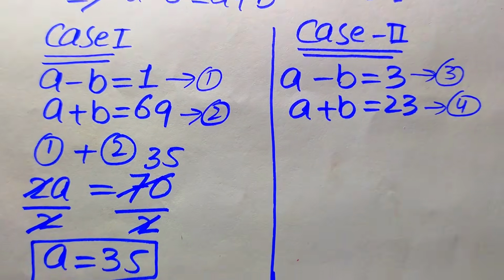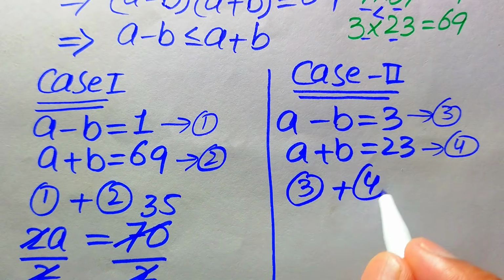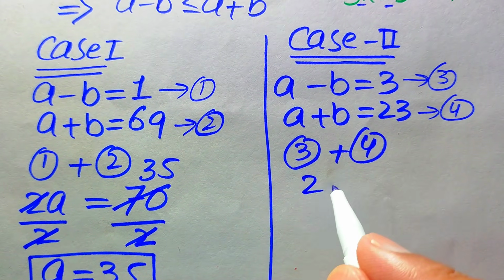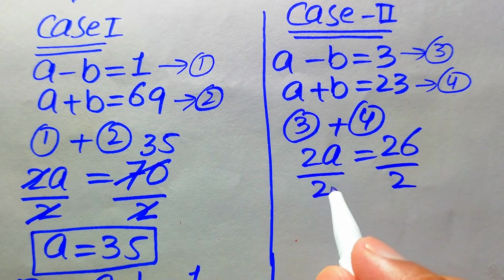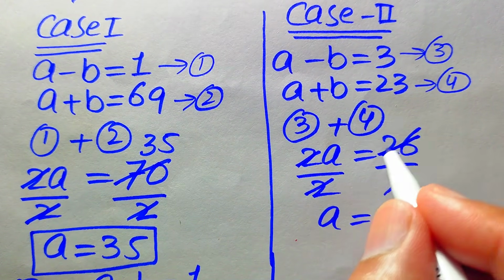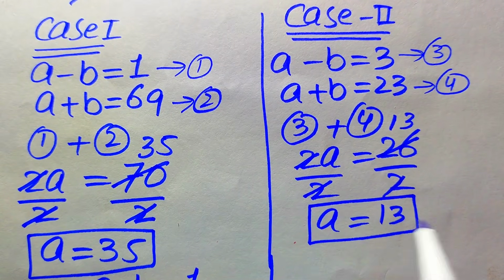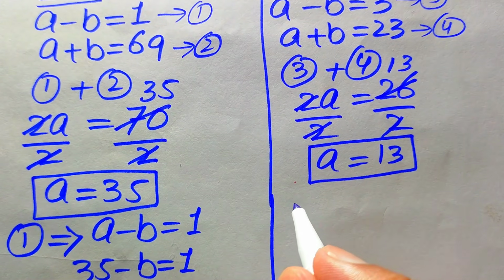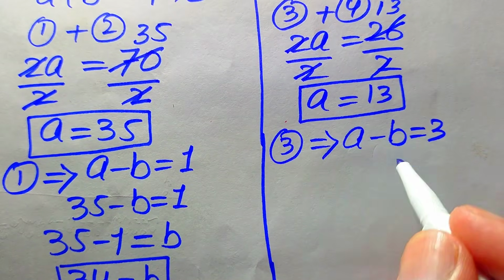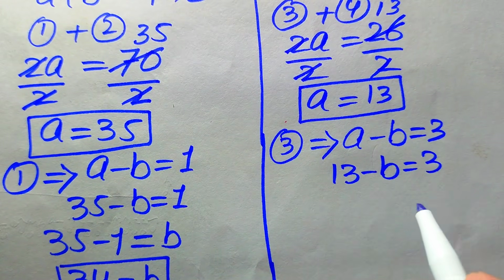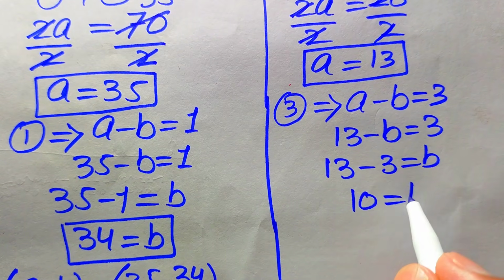Now in the same pattern we solve case number 2. We sum up equation 3 and equation 4, and we get 2a = 3 + 23 = 26. Dividing both sides by 2, we get a = 13. For the corresponding value of b, we copy equation 3: a − b = 3, and putting a = 13 we get 13 − b = 3, so b = 13 − 3 = 10.